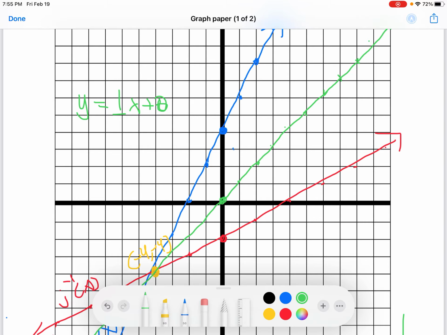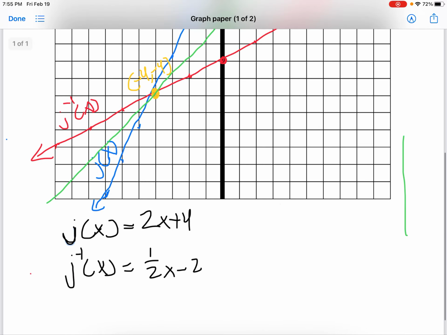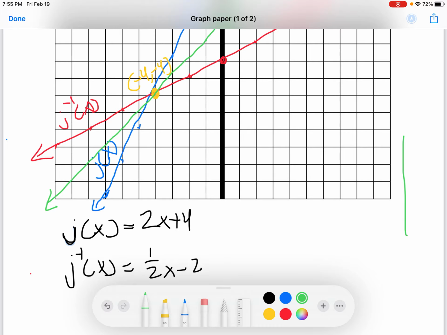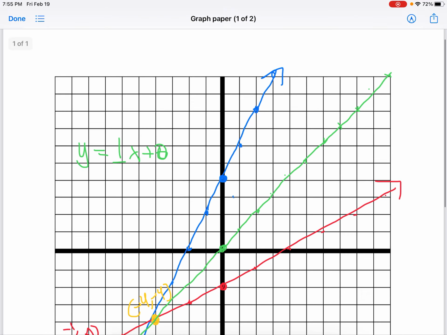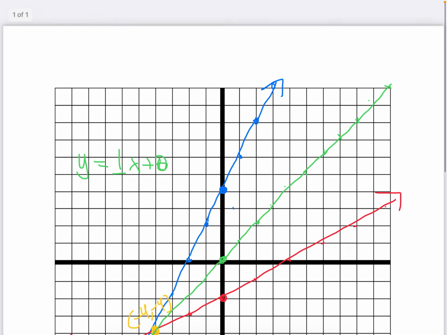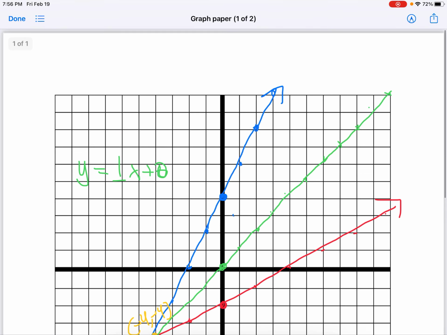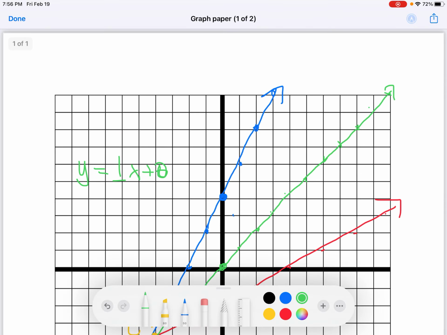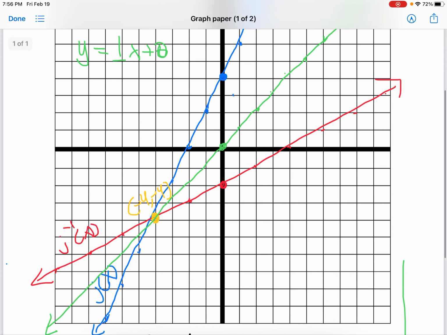If you think about what is the inverse of the y equals x line, well, it's going to be itself, because every value that the y equals x line goes through has the same x and y. So that's what that is. And there's symmetry along that.